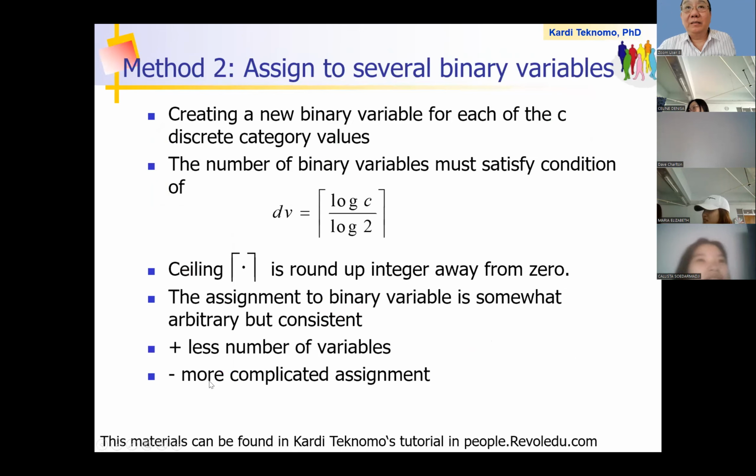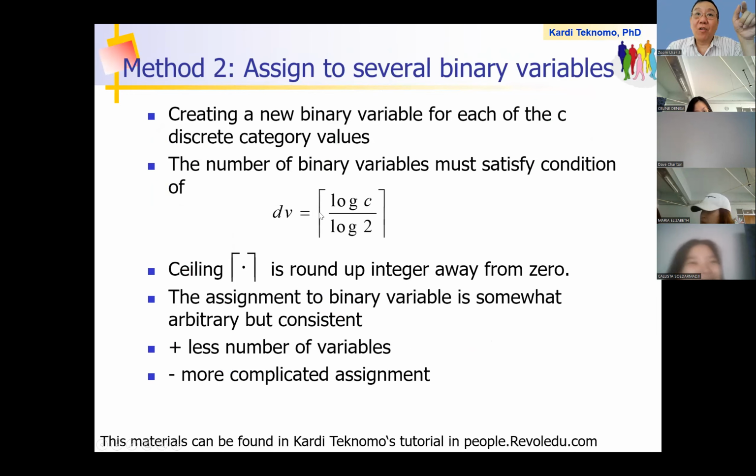So the next method is to assign to several binary variables. The technique is a little bit more complex, but you will have a smaller number of variables. The technique is to get how many variables you need to satisfy the condition.